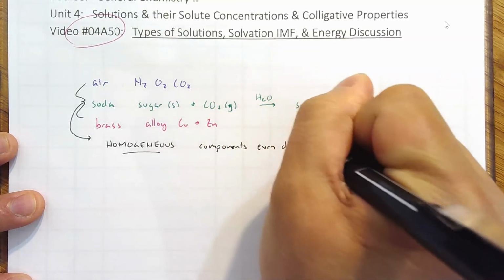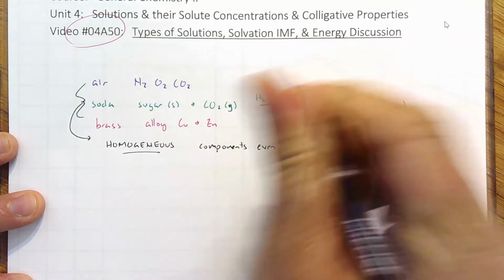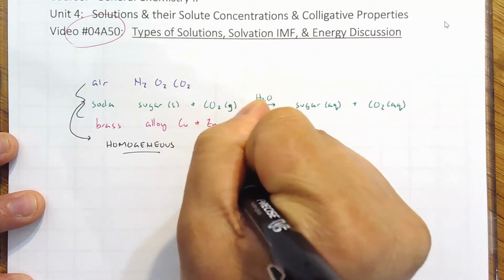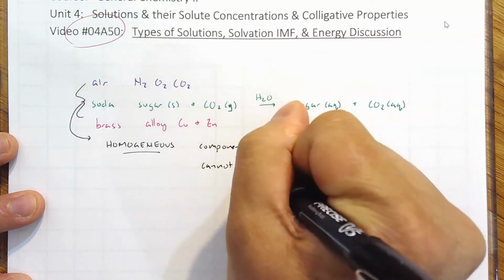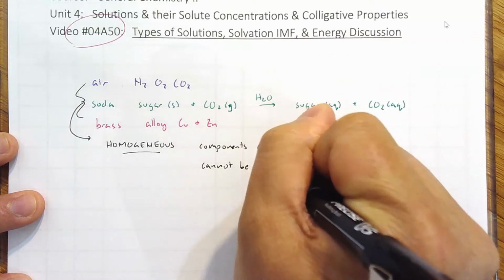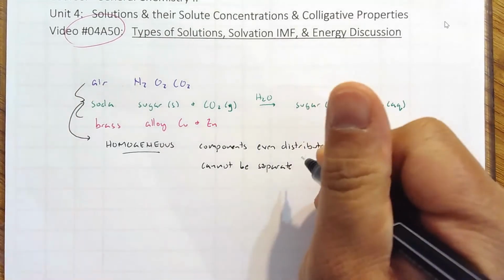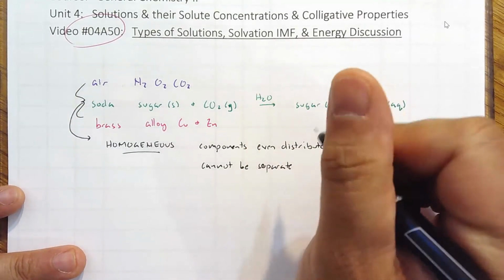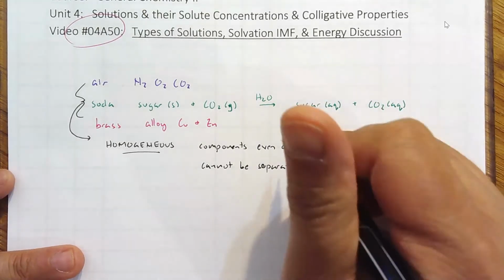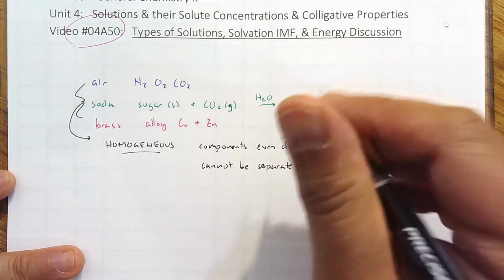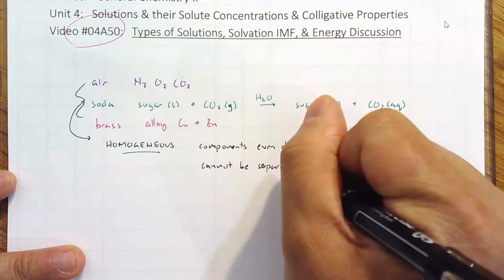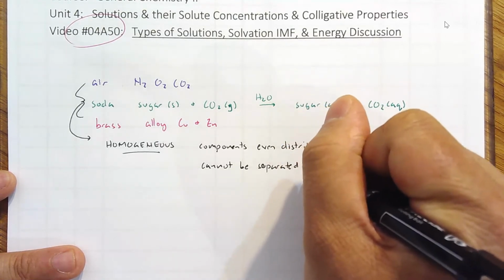and the components cannot be separated by physical means. You can't easily remove sugar from soda. You could, with techniques, but with just simple physical means, like filtration, it cannot be separated.